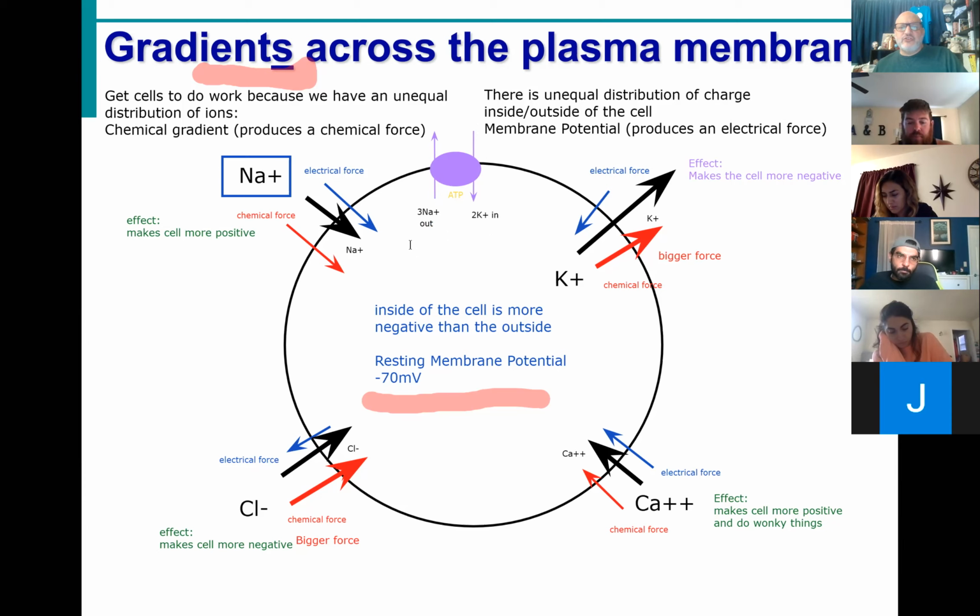This very special transporter we call the sodium potassium ATPase, because it's an enzyme that breaks down ATP to do work, or it's also sometimes just simply called the sodium potassium pump. When a cell is at rest, about 25% of its ATP is used just by this sodium potassium pump.